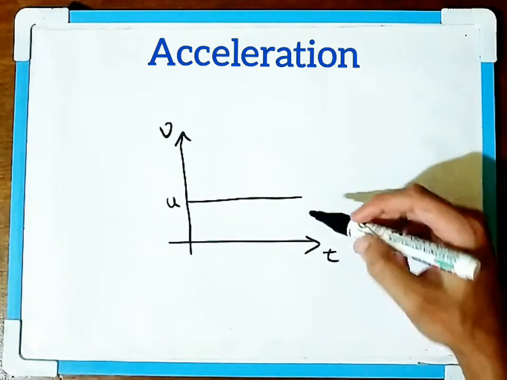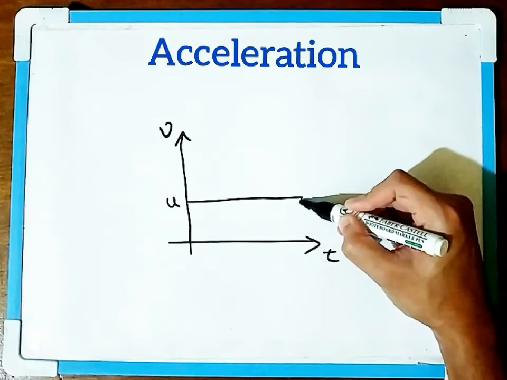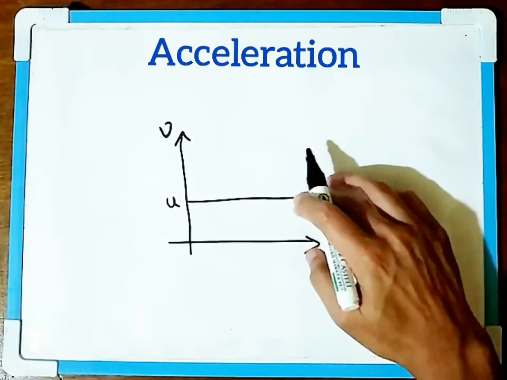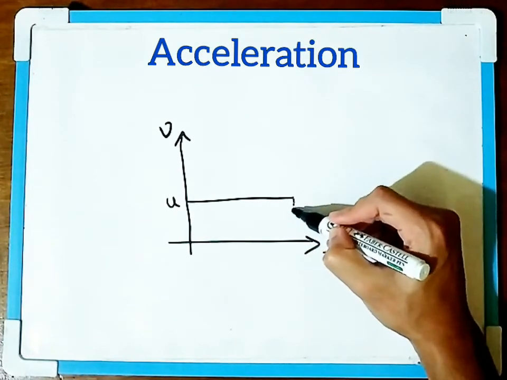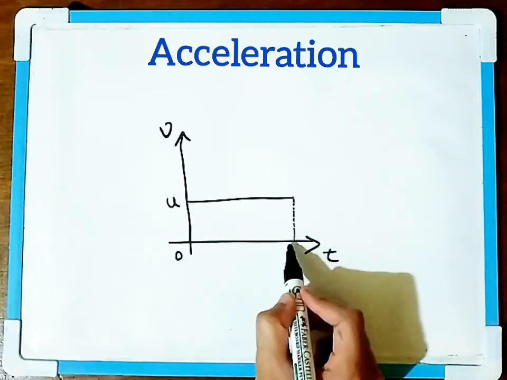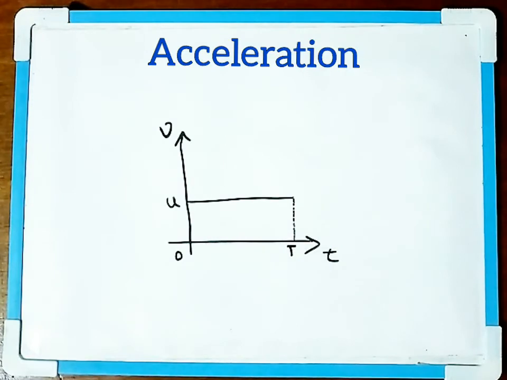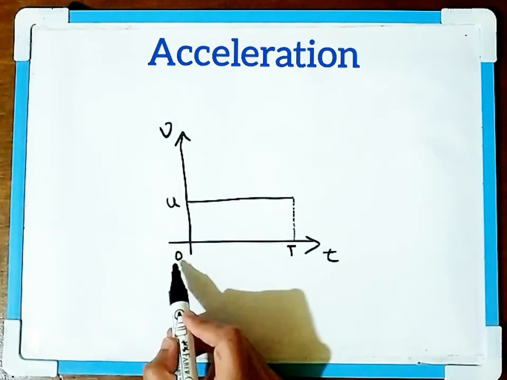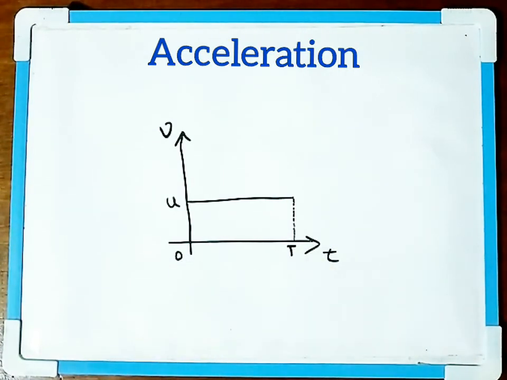Now from this graph I can get the displacement from 0 to T. So what is the displacement of the car in this time interval from 0 to capital T?